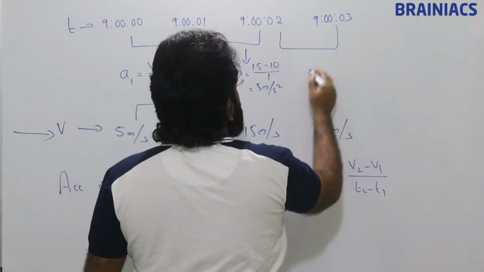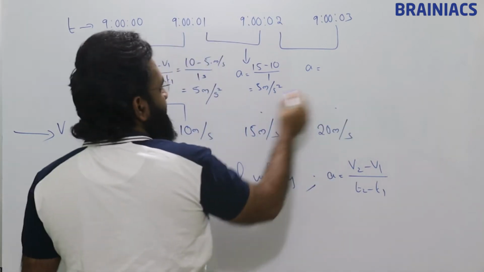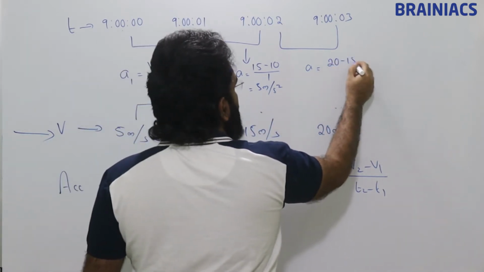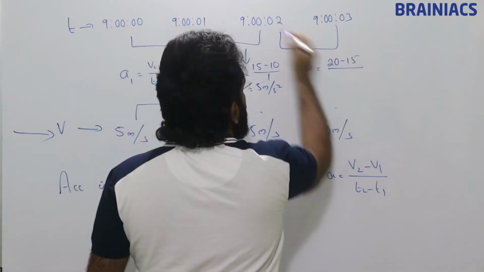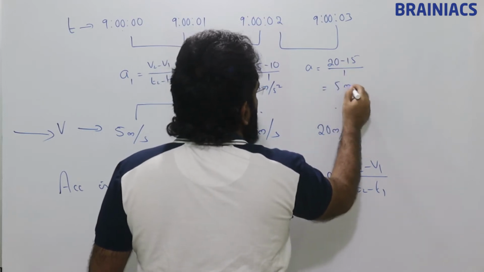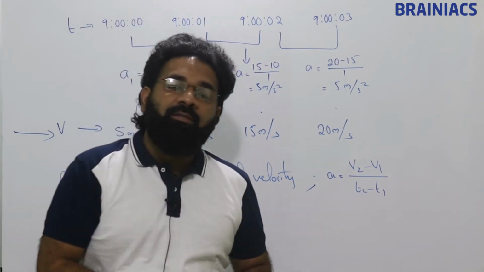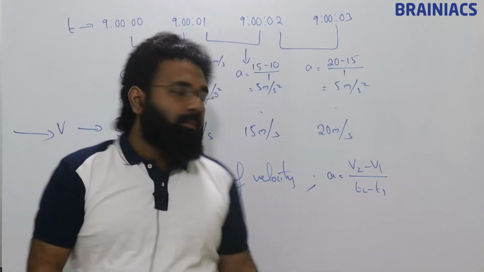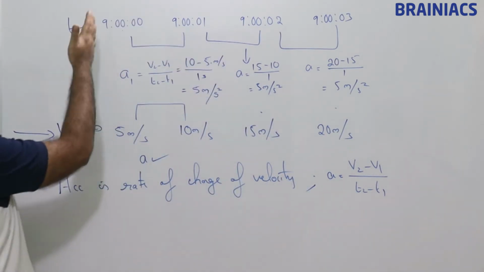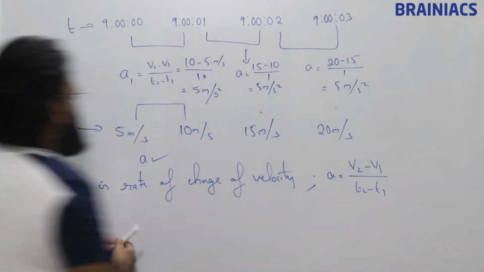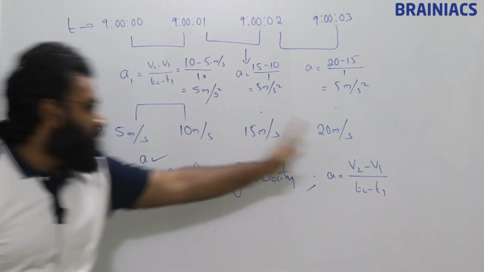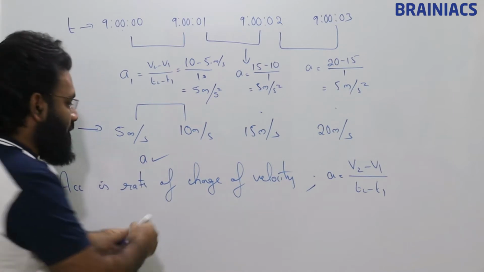So we will take this is nothing but 20 minus 15 divided by 3 minus 2, 1. Again I get 5 meter per second square. So the value of acceleration is constant here. If you want, you can take from this to that. 5 meter per second, 20 meter per second. We will find that also.